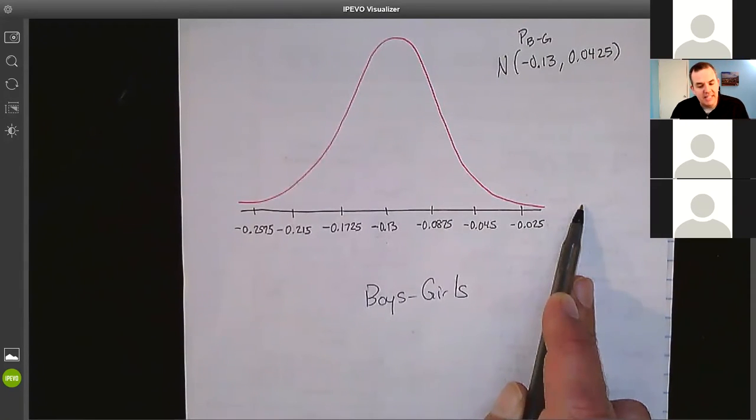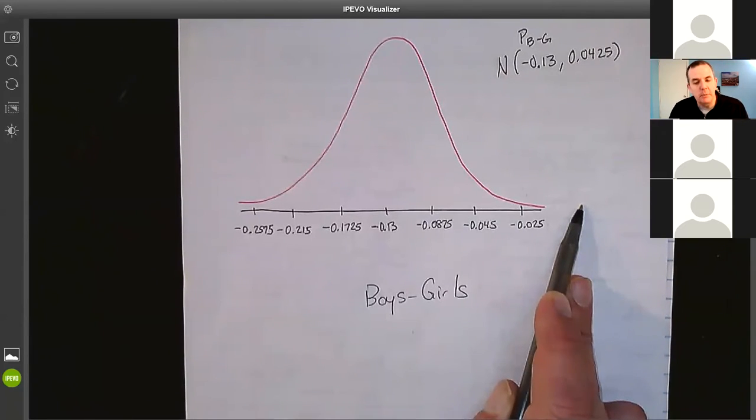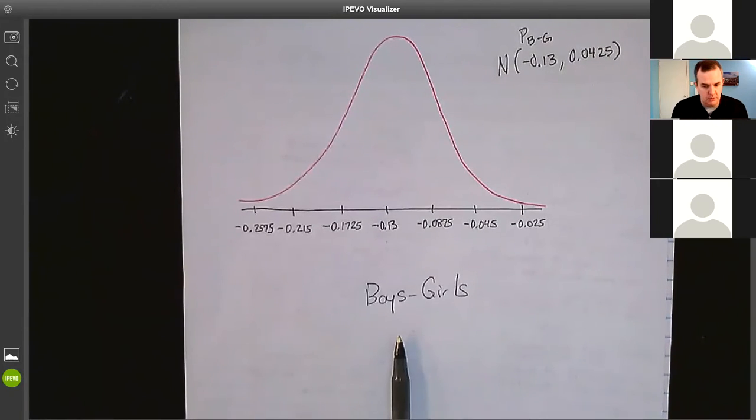So what that would say is that I would not expect to find a sample where the boys exceeded the girls, or if I did, I would be incredibly surprised. Something might be going on there that I might want to look into. There are two ways to look at it. The first way is, hey, something's going on at this school that isn't going on at another school.